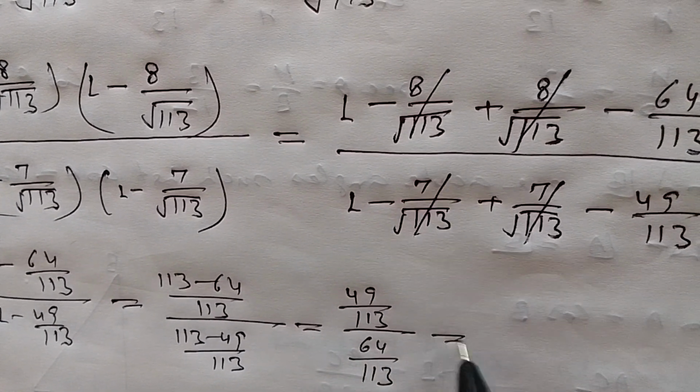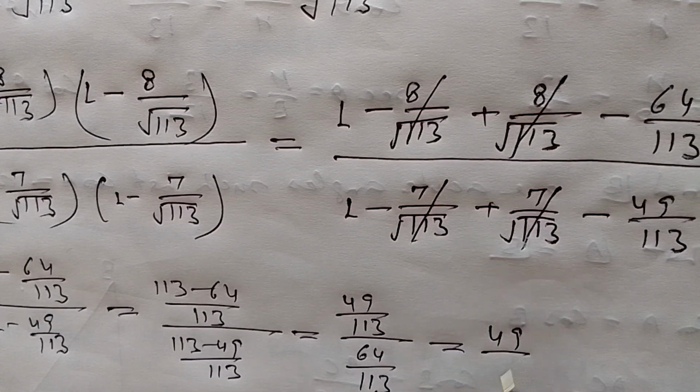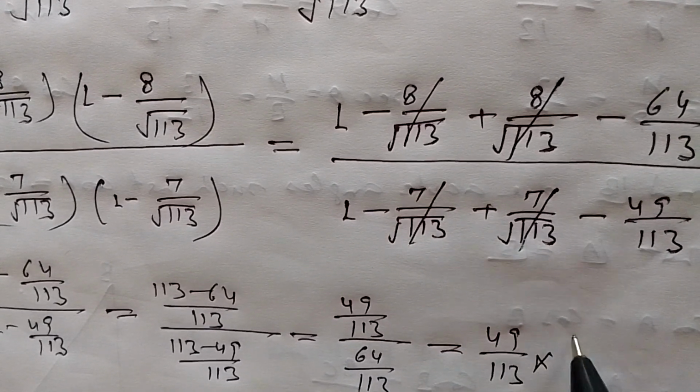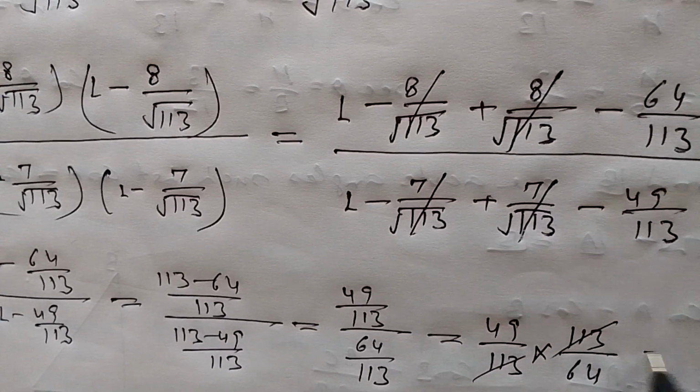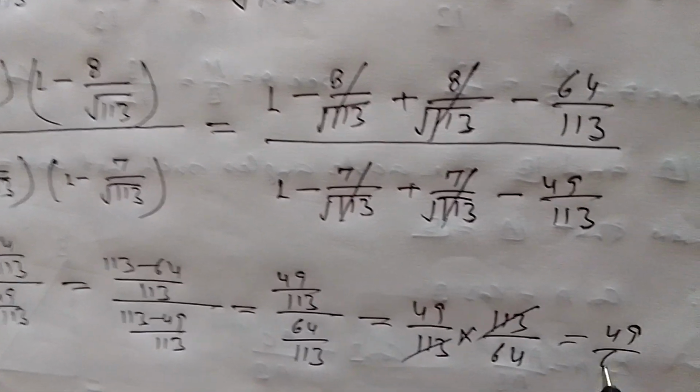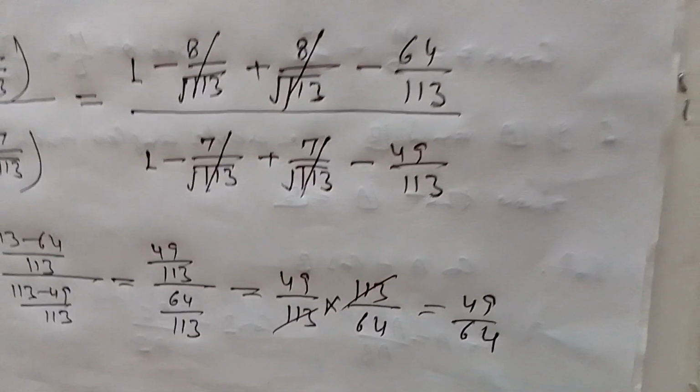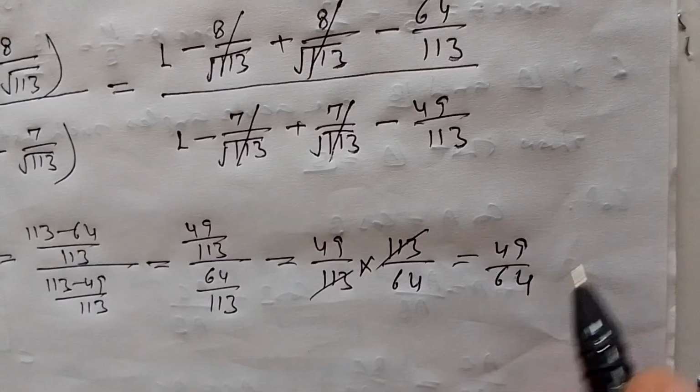So this will come as 49 over 113 multiplied by 113 divided by 64. This is cancelled, so the answer comes out to 49 divided by 64. That is the answer of this question.